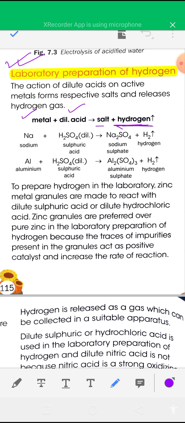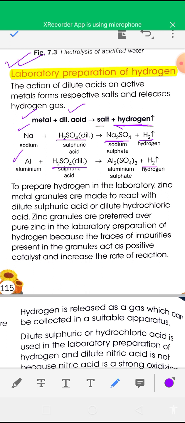So when sodium, aluminium, magnesium, these active metals react with dilute sulfuric acid, you will get hydrogen gas and a metal salt. Like when sodium is treated with sulfuric acid, you will get sodium sulfate Na2SO4 and hydrogen H2.